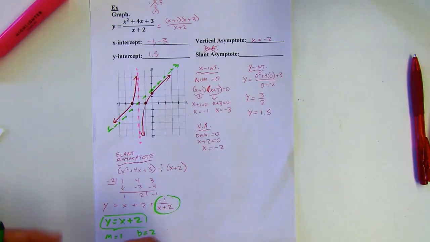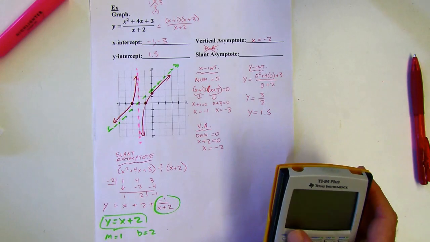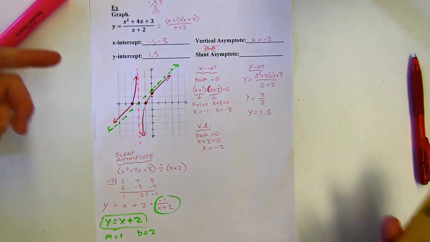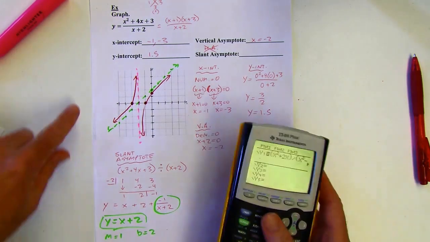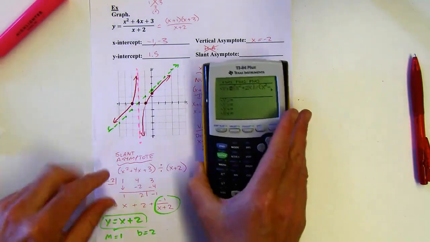And if you didn't have enough information, you could always plug this into a calculator and see if it fits with what we've got. So let's go ahead and do that. Of course, if you just plug this into a calculator and sketch what the calculator said, the calculator's not going to tell you where the asymptotes are or the intercepts.